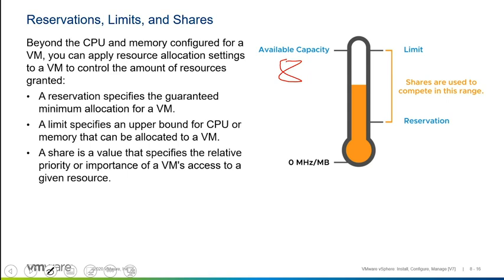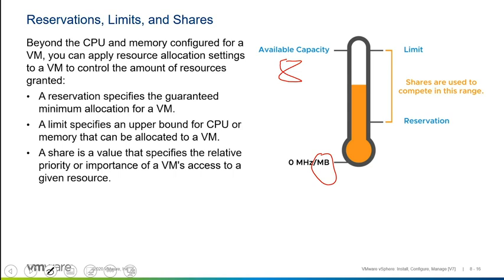All ESXi by default is ever doing is best effort. I'm going to give, if I possibly can, up to 8 gigs of RAM to this virtual machine. If I cannot give 8 gigs, if I can only give something less than 8 gigs, maybe I have to swap out instead. Fine. So the guaranteed minimum by default is 0 megabytes of RAM.